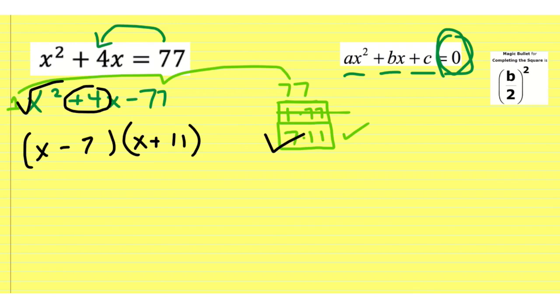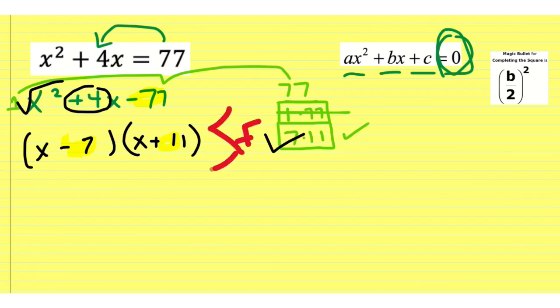And if I multiply negative 7 times a positive 11, does that give me negative 77? Yes. So in this case, I'm going to be perfectly honest with you. If I can factor it, I'm not going to go to all the trouble to complete the square. Now, can you? Can you complete the square on this one? Yes, you can. But at this point, those are my factors.